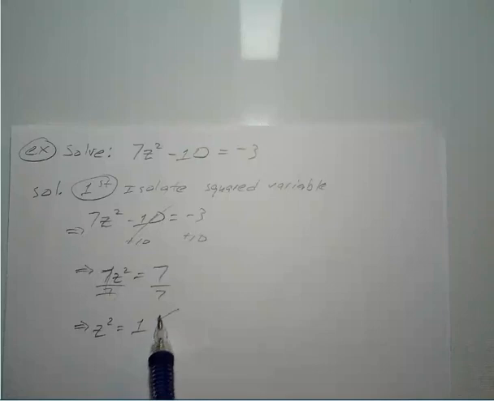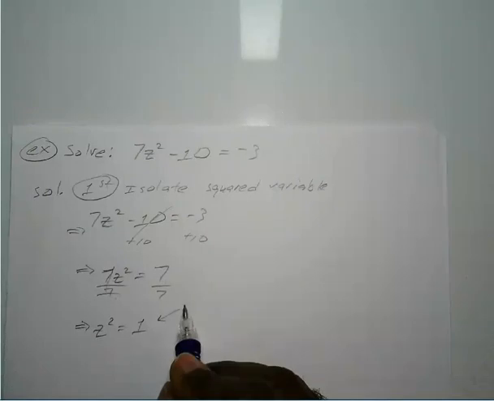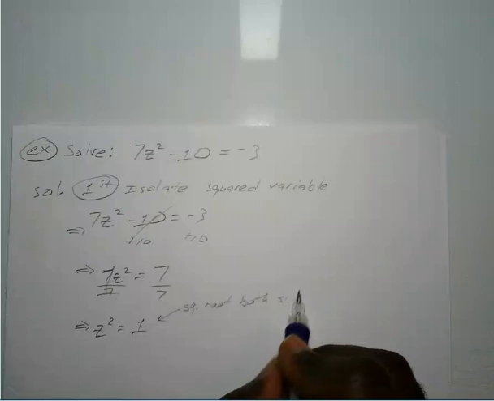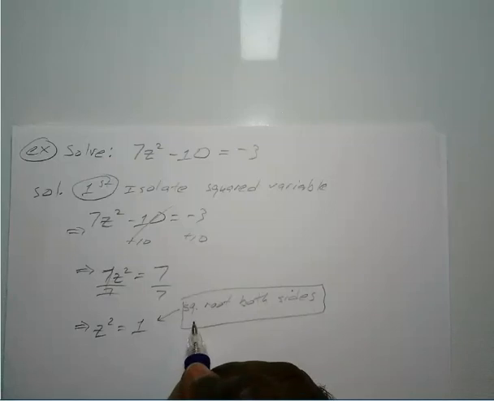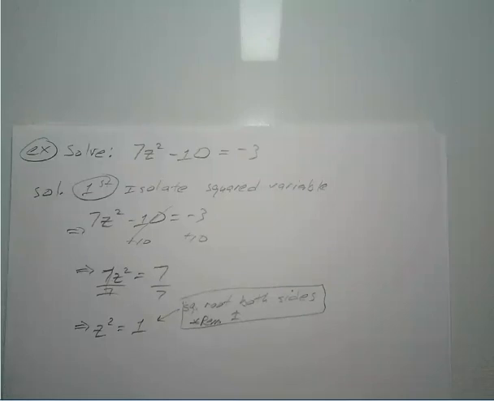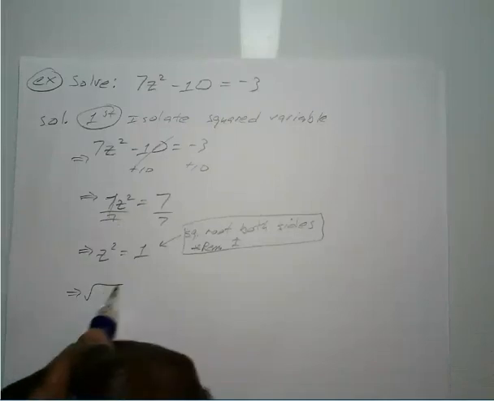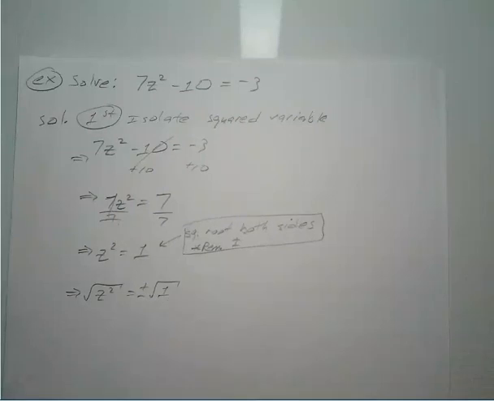Okay, now once we do that, we go ahead and square root both sides. And again, you want to remember your plus or minus. So if we square root both sides, the square root of z squared equals plus or minus the square root of 1.